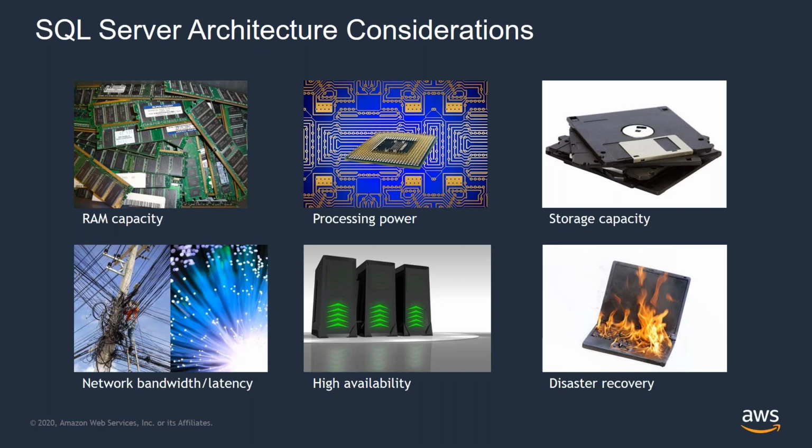The other important component is network latency, which plays a vital role for SQL Server workloads and the actual architecture. For instance, if we set up SQL Server Always On for high availability using synchronous commit, we need to make sure that there is single digit latency between the primary node and the secondary node. AWS provides that option.